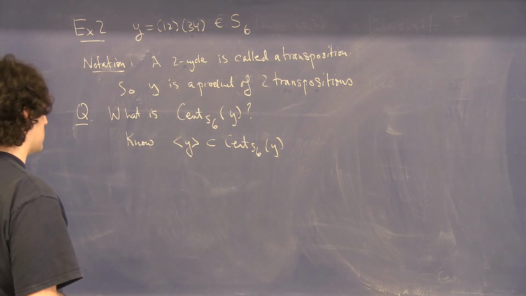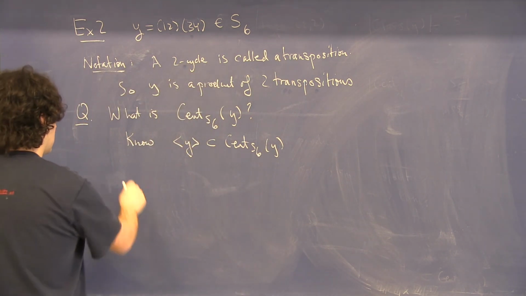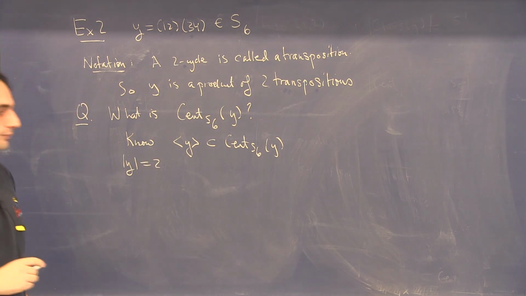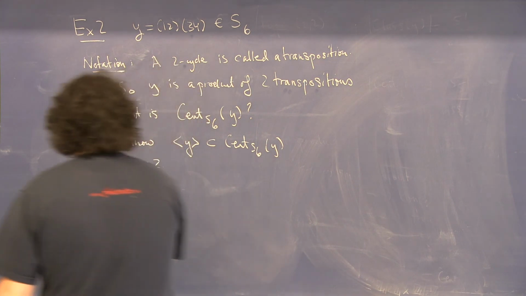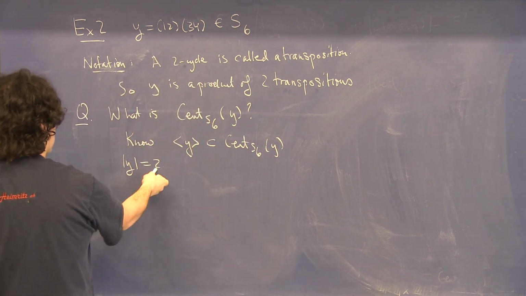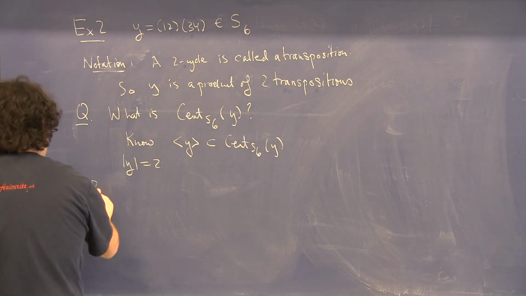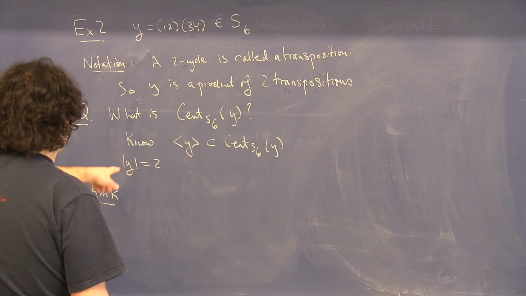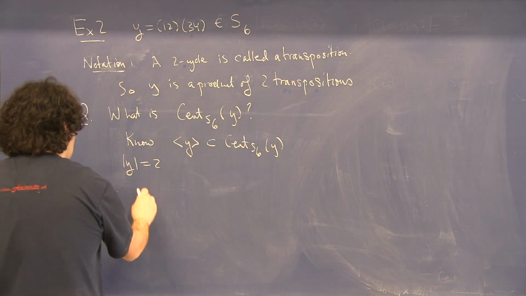But this has not really advanced us much because the order of y is equal to 2. And since we are computing the order of a permutation, we can make a remark about what happens in computing the order of a permutation in general.